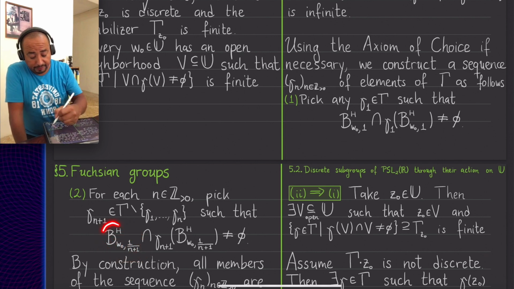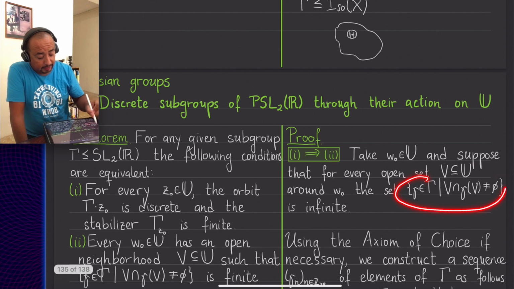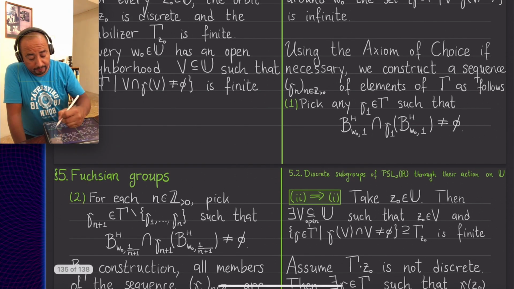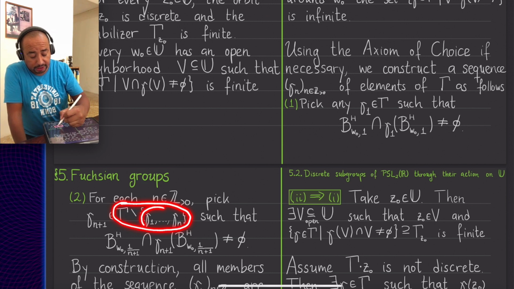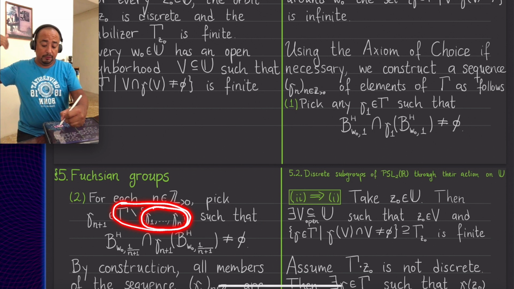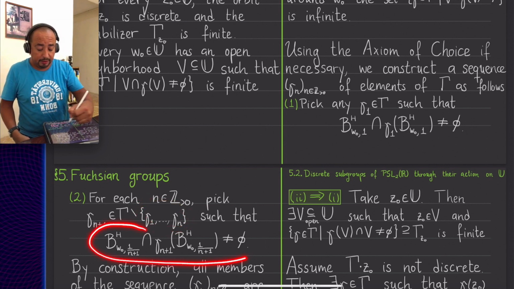For this open set, I know that this set is infinite, which means that if from gamma I erase, or pay no attention to, the finitely many elements I have already picked so far, there is one element that I can still pick that is not one of them and still has this property.